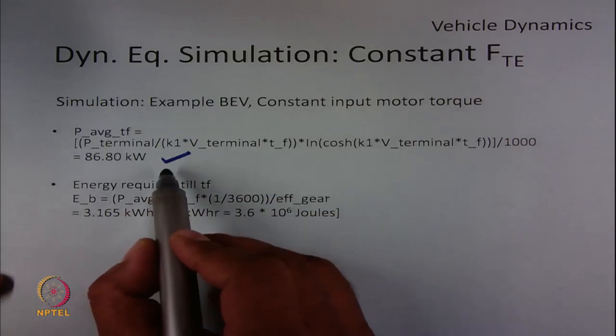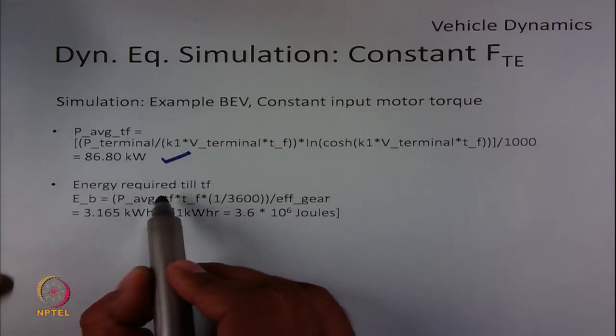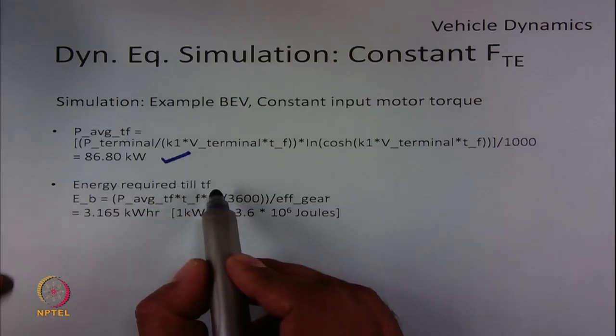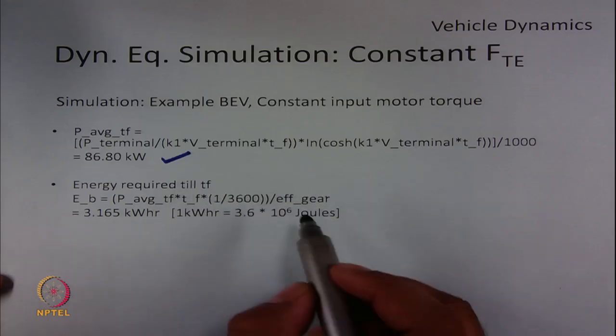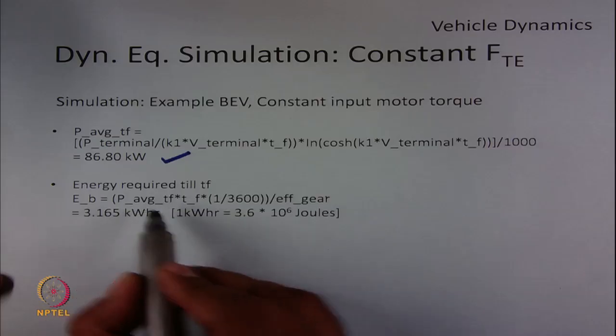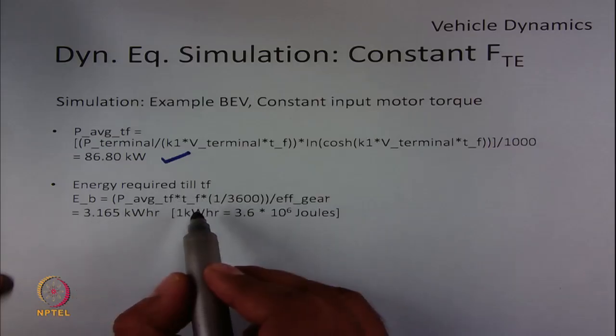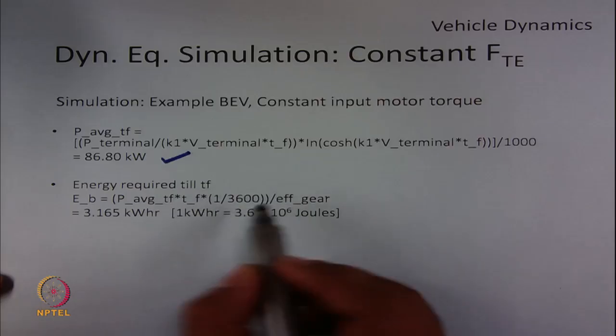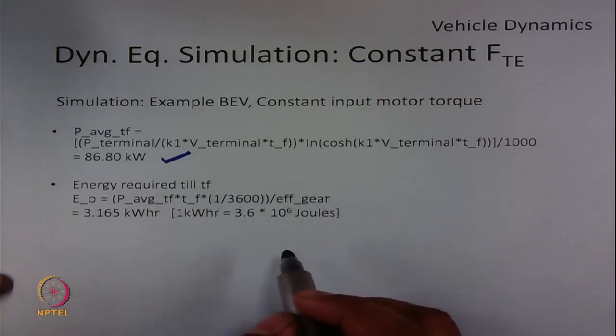So, this value of P average will be used in calculation of the energy required to bring the vehicle to time Tf or velocity equal to 0.98 Vt, which will be equal to P average into the time elapsed, Tf, and we have to divide by 3600 to bring it into our unit.